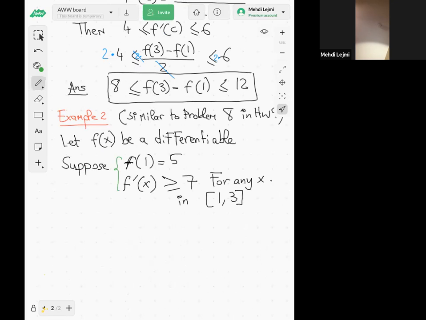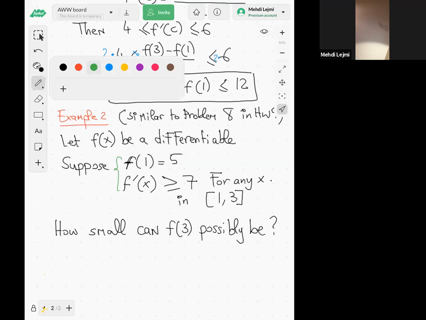So the question is, how small can f of 3 possibly be? All right, so we have this interval 1, 3 again.